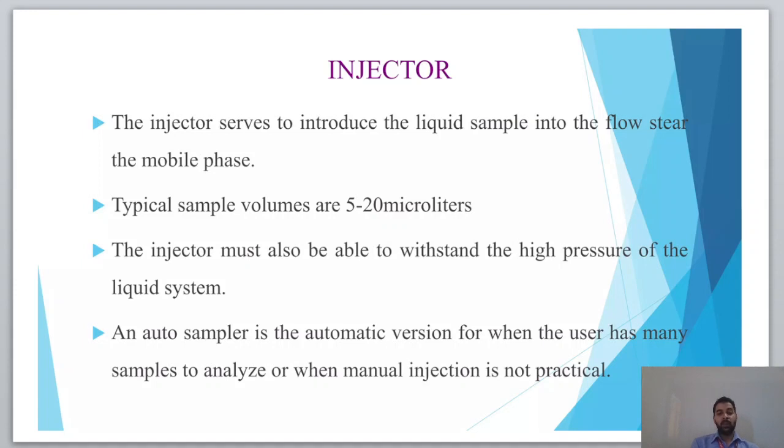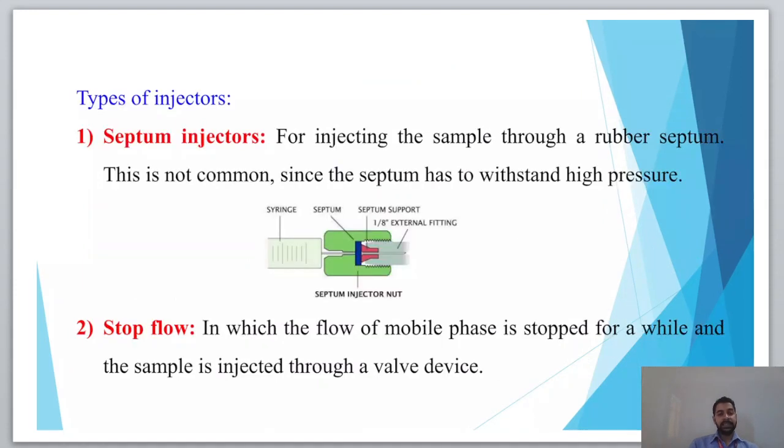So there is no need to use this Hamilton syringe manually to give the sample. It is most accurate, easy and reliable for the purpose, and accuracy will also be achieved by using such type of instrument. Types of injectors: septum injectors, stop flow injectors.